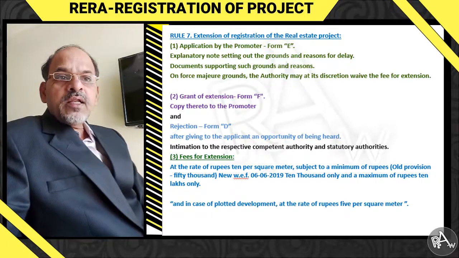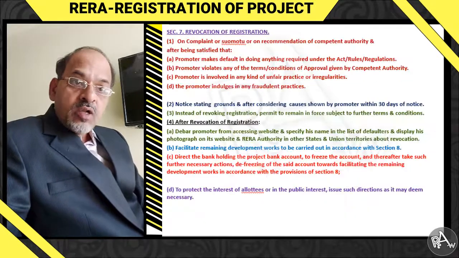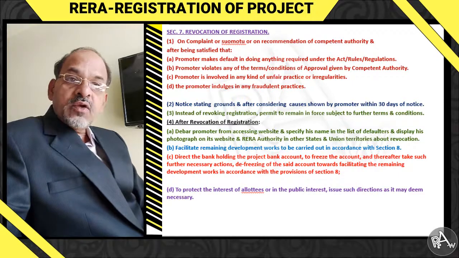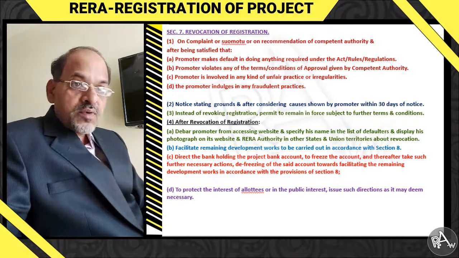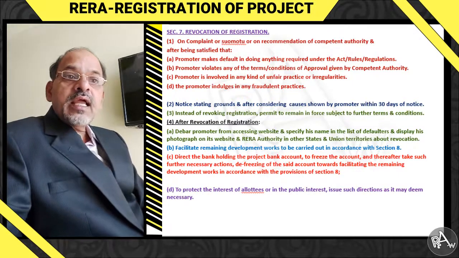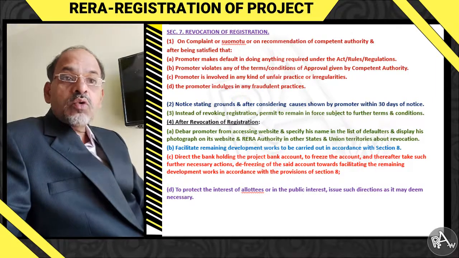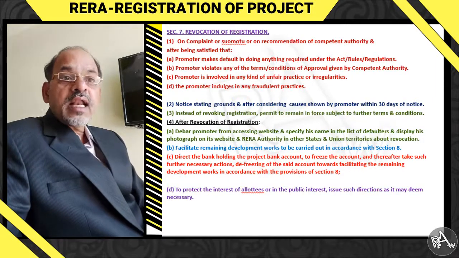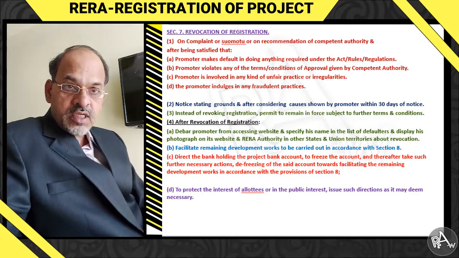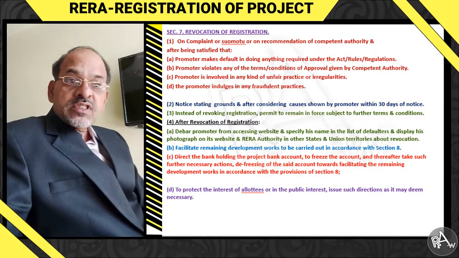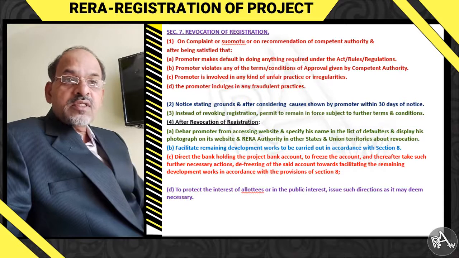Now, about revocation of registration. Provisions are given under Section 7 about revocation of registration. The authority has the power to revoke the registration granted to the promoter. What are the provisions under Section 7 about revocation of registration?